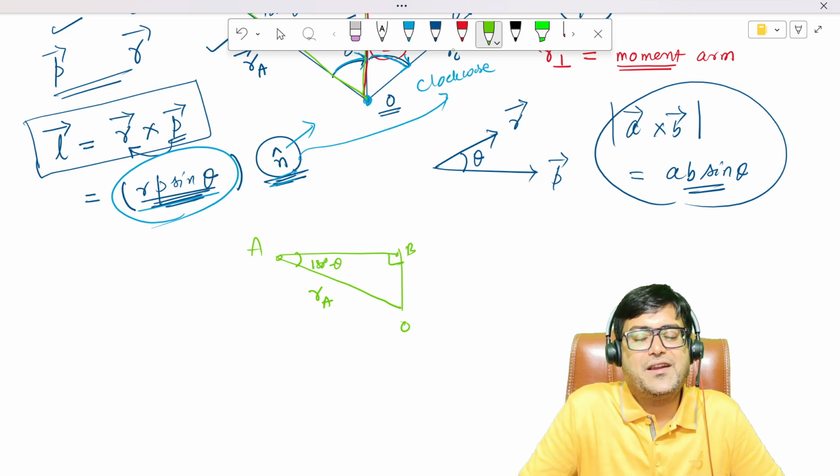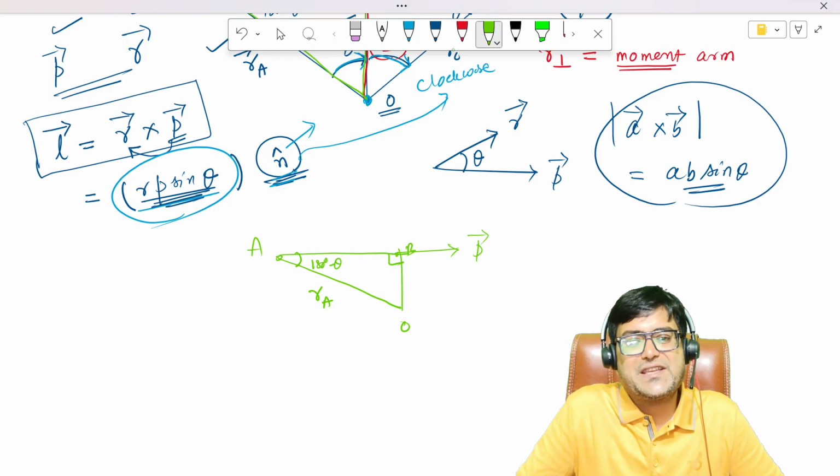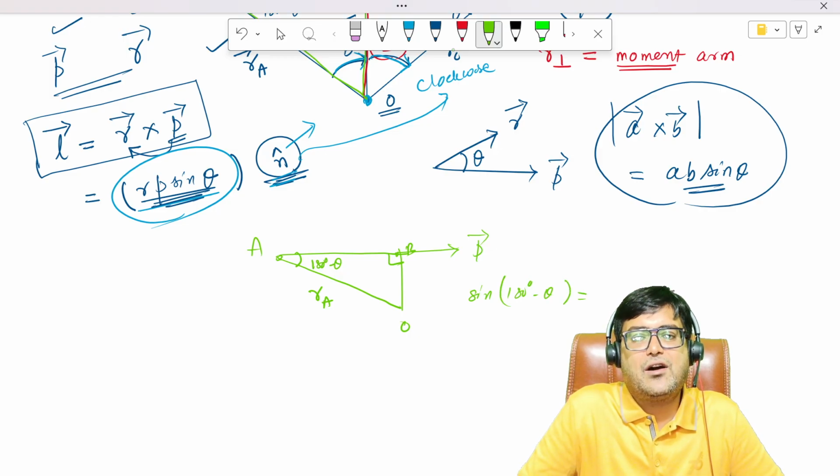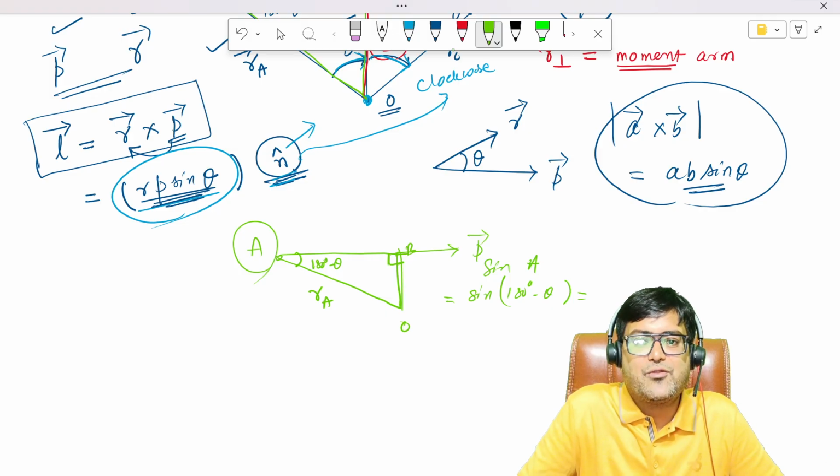And understand here, in this direction, what you have is your p, right? So in this particular triangle, if I say sine of 180 degrees minus theta, or sine of angle A, sine of angle A is equal to sine of 180 degrees minus theta. In this case, it's going to be the perpendicular, which is your r perpendicular, this one OB.